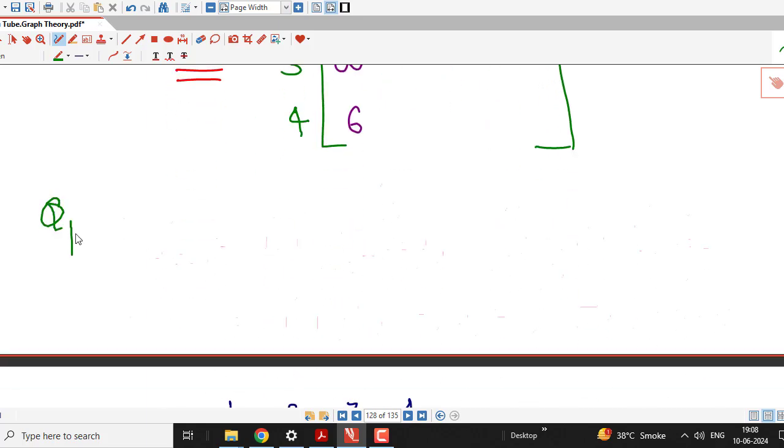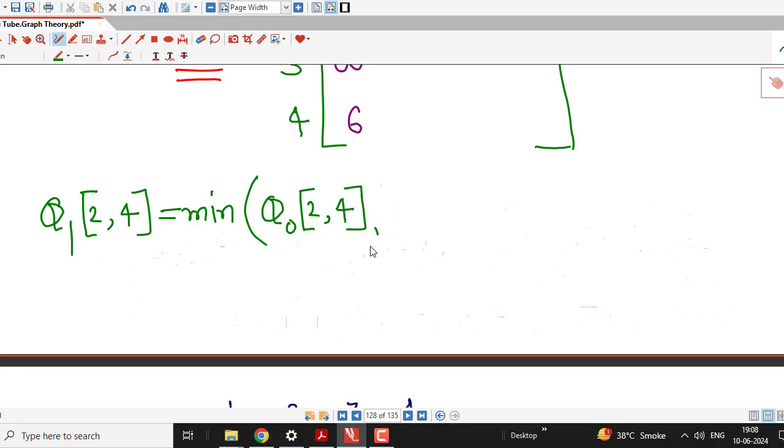So now I am writing Q1 of 2, 4. This is equal to the minimum of, I am using Q0 of 2, 4, and because I am writing entries of Q1, between 2 and 4, I will insert 1.